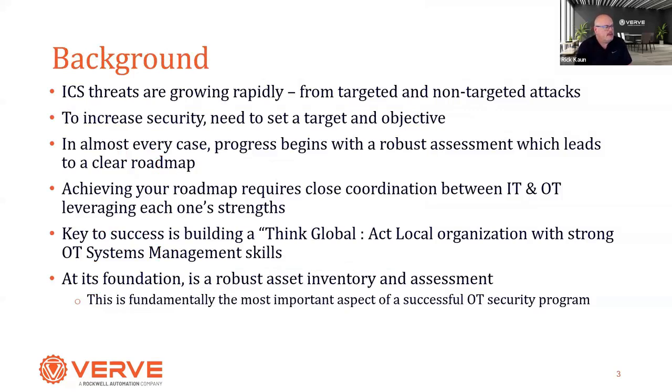To start, the backdrop and why we're here today: obviously ICS threats are growing rapidly, both from targeted and non-targeted attacks. They know this is table stakes. Everybody's here because security is an important thing, but of note, not only have the frequency and the volume of risks escalated, we are starting to see first evers, right? So the first ever active exploit of a PLC.